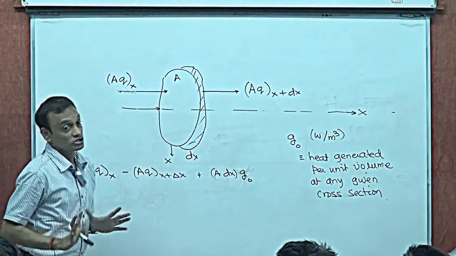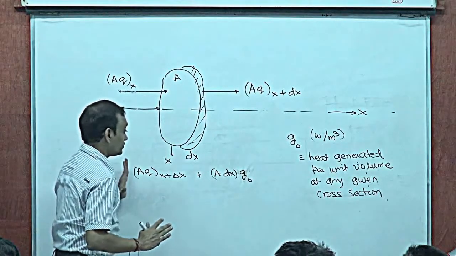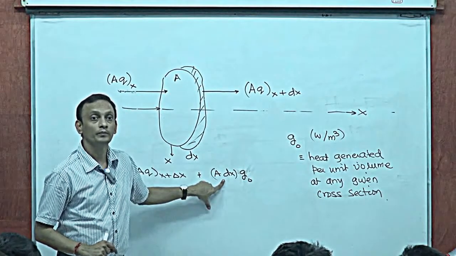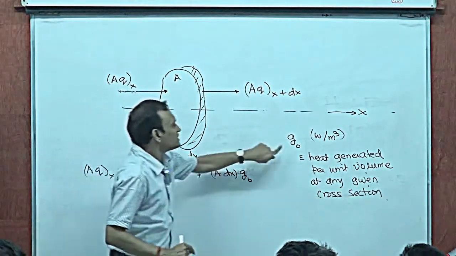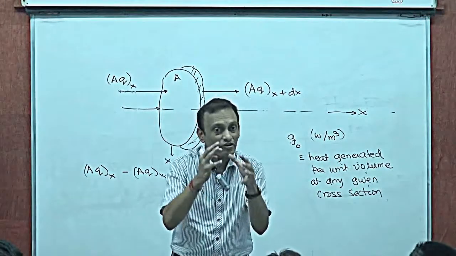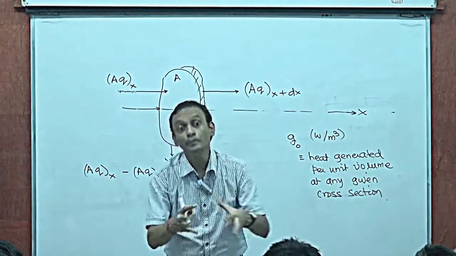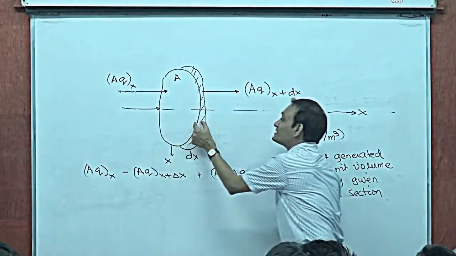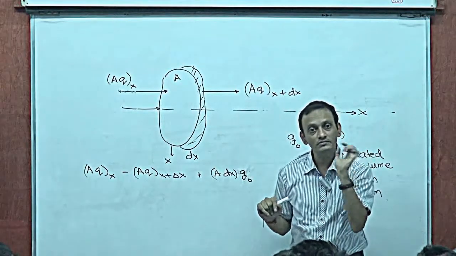Now, this is it. Heat coming in, heat leaving. See, this G0, in certain materials, could be the heat generated per unit time, per unit volume of the material. So what's the volume of this? A into dx is the volume of this.